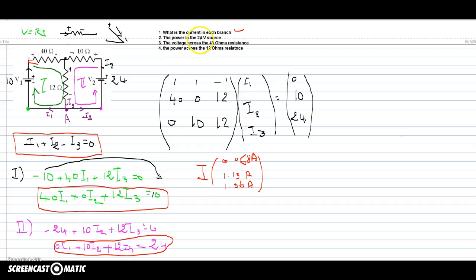Now the power in voltage 24. Well, now this is very easy. Since you have the current, the power in the source is the current times the EMF. So the current here is I2, which is 1.13, times the voltage across the source, which is 24. So the answer has to be in watts. Let's do the math. 1.13, that's I2, times 24.